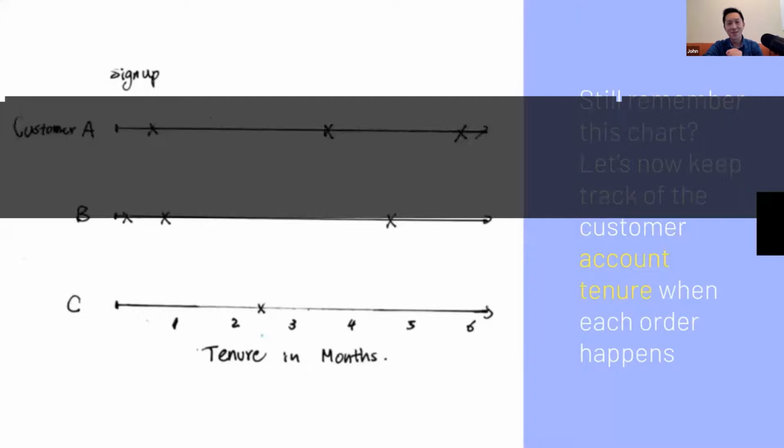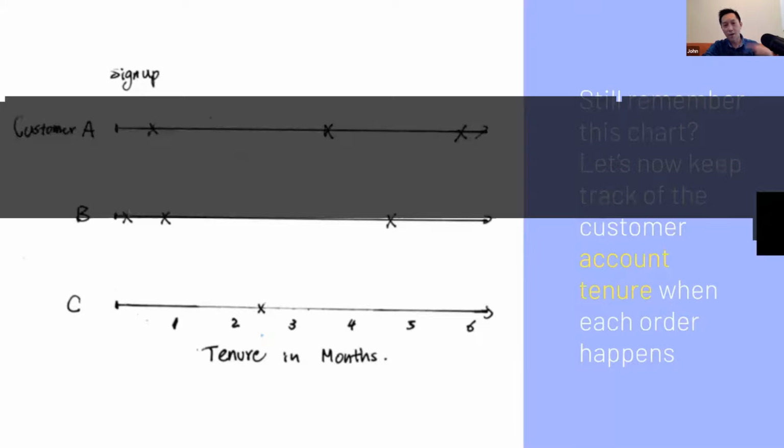Remember this chart again? So this is the linear chart of order purchases, right? So let's look at it this time in terms of the customer tenure of the order in the months that happened, right? So if somebody bought in the first month, then that's recorded as an order in the first month. If they buy in the fourth month, then it'll be the fourth month.